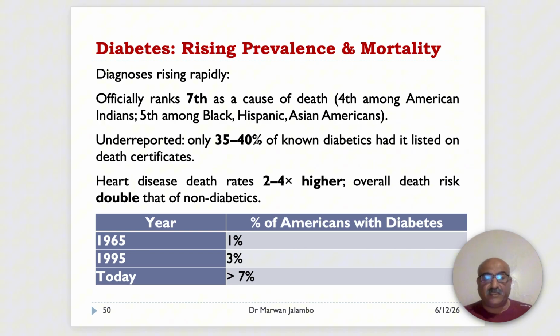In fact, diabetics have double the death risk of non-diabetics their age. So the official rank understates the true toll. To understand prevention, we need to know the two types of diabetes, because they are very different diseases.